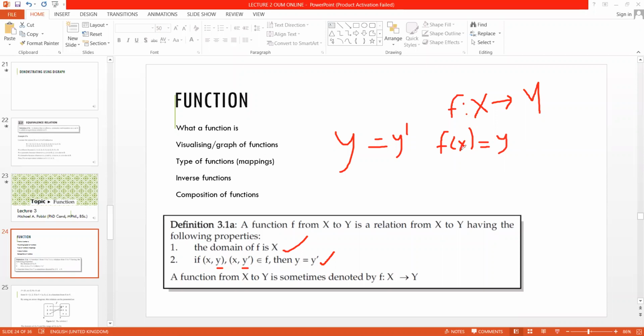Good. Very well. So in other words, if you define a function f of x is equal to, let's say, 3x, then what we're saying is essentially y is also equal to what? Equal to 3x, because f of x is equal to 3x. Very well. Let's move on.